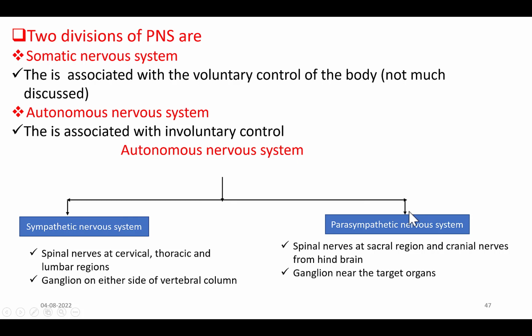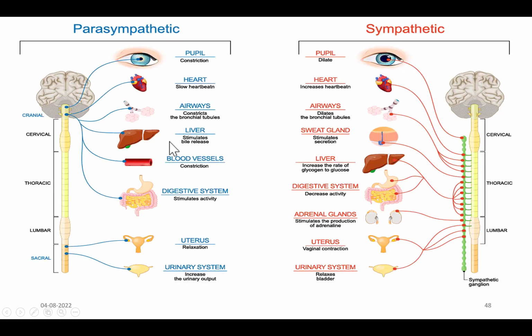And what is the parasympathetic nervous system? It includes spinal nerves at the sacral region and cranial nerves from the hindbrain. Also, the ganglion near the target organs. Target organs means the organs to which these nerves are going, taking information. Got it? So look at this picture.